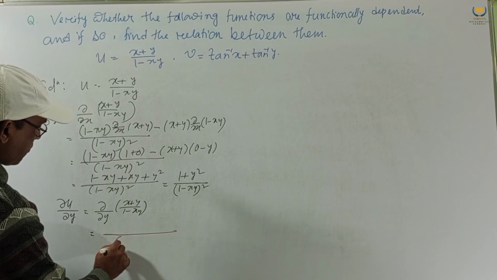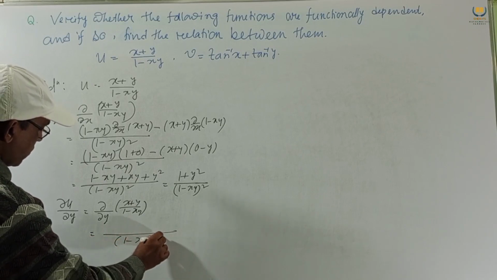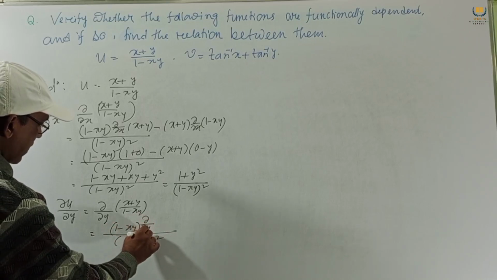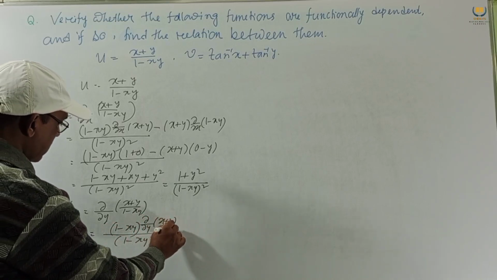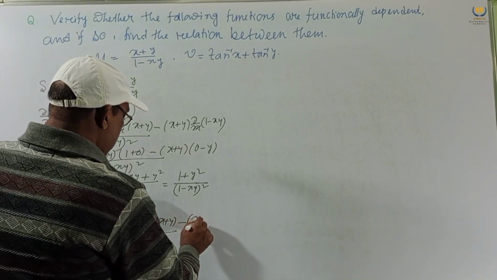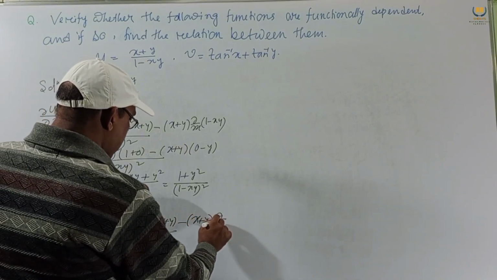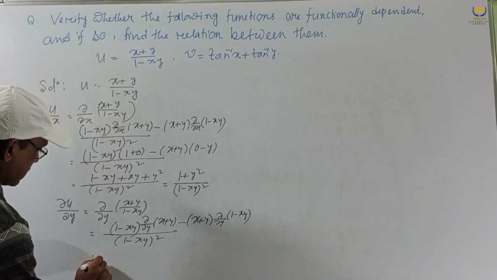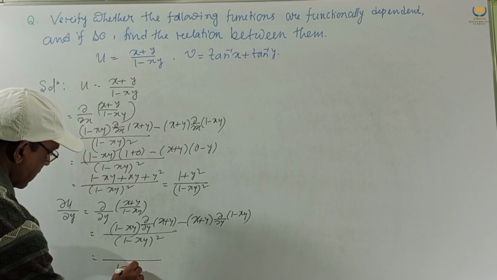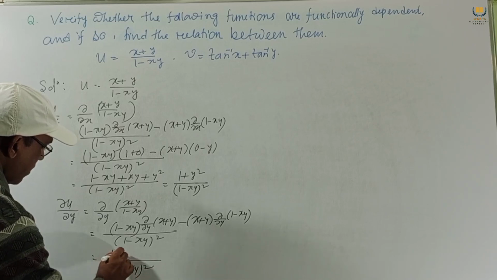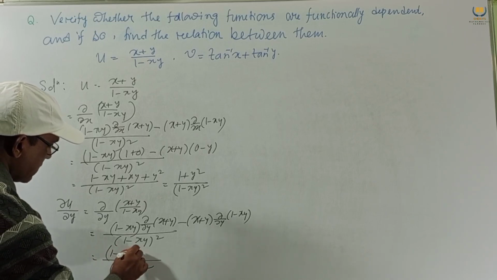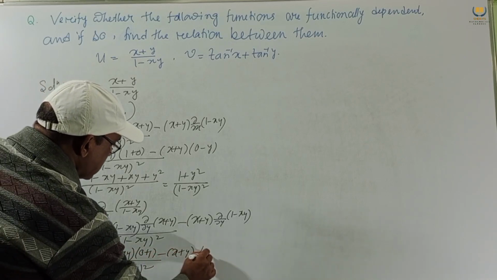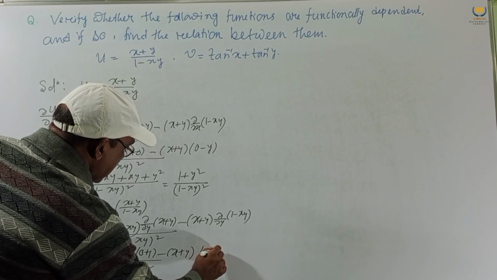Again using division formula, 1 minus xy whole square, 1 minus xy del y of x plus y, minus x plus y del y of 1 minus xy. And this will be 1 minus xy whole square, 1 minus xy, this is 0 plus 1, x plus y, this is 0 minus x.